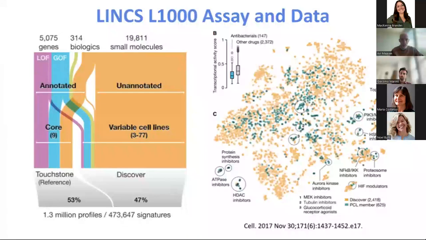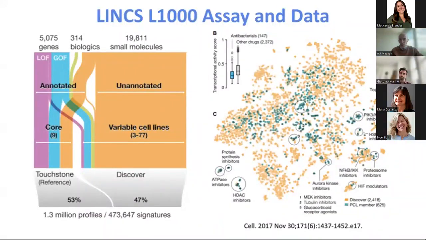The L1000 assay is a high throughput transcriptomics assay that is an alternative to microarrays and RNA-seq. It measures 1,000 genes, but the rest of the genes are inferred relatively accurately. So you get the full genome, and they were able to do this transcriptomic assay in high throughput.